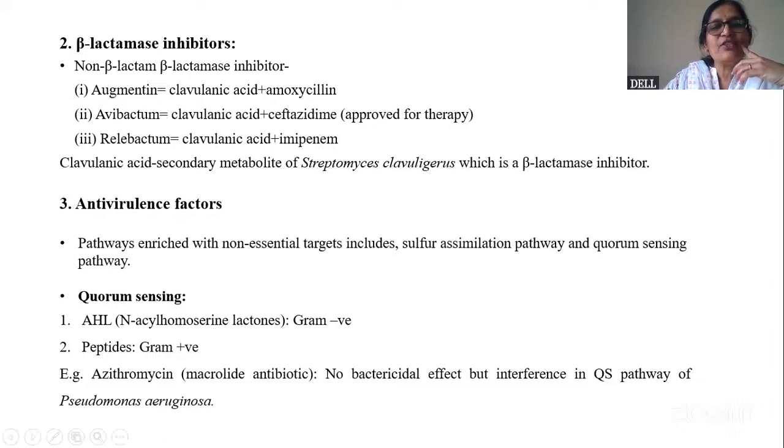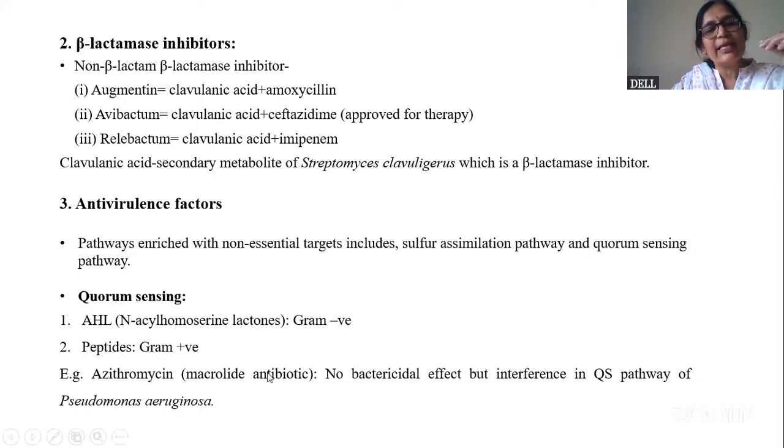So antivirulence factors, I was talking about antivirulence factors. Under this, we look into many of the metabolic pathways like the sulfur assimilation pathway or quorum sensing pathway. We all know quorum sensing is a crosstalk between the microbes when they are in the biofilm, and they resist the penetration of antibiotics into them.